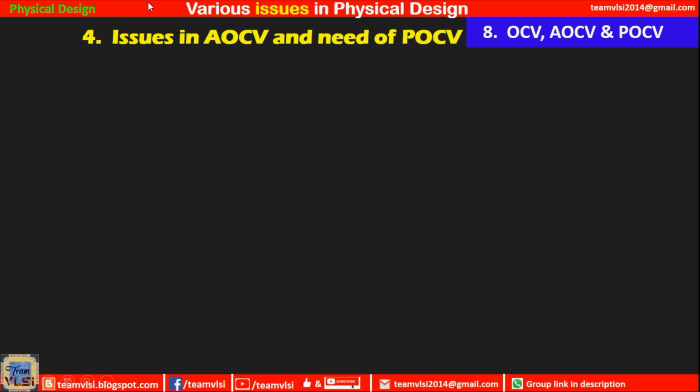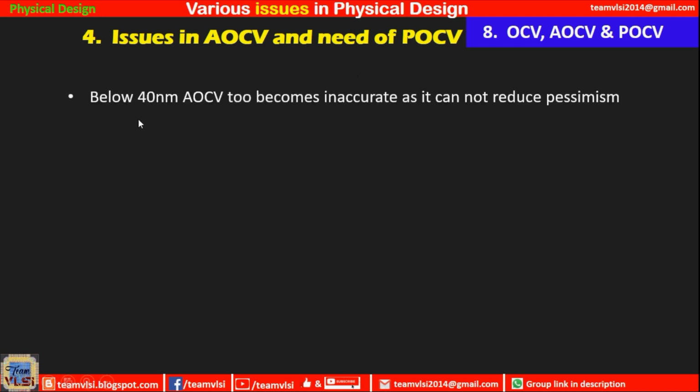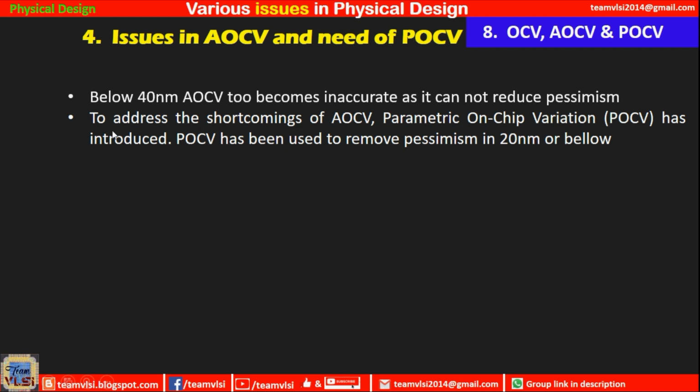Next, we will see the issues in AOCV and the need for POCV. So what are the issues with AOCV and why do we need POCV? Below 40 nanometer, AOCV becomes inaccurate as it cannot reduce pessimism. To address the shortcomings of AOCV, parametric on-chip variation, that is POCV, was introduced. POCV is used to remove pessimism at 20 nanometer or below.